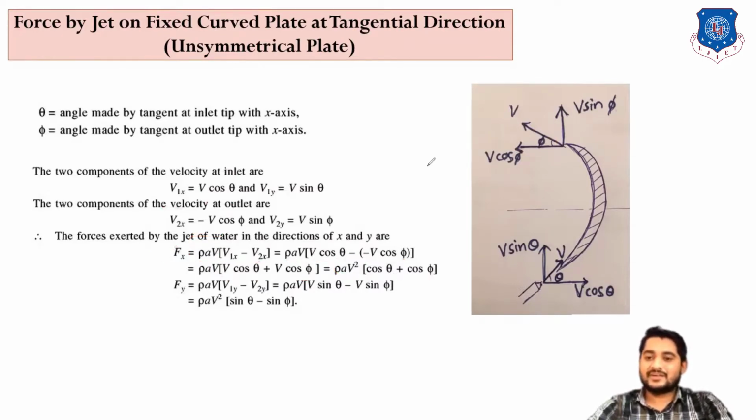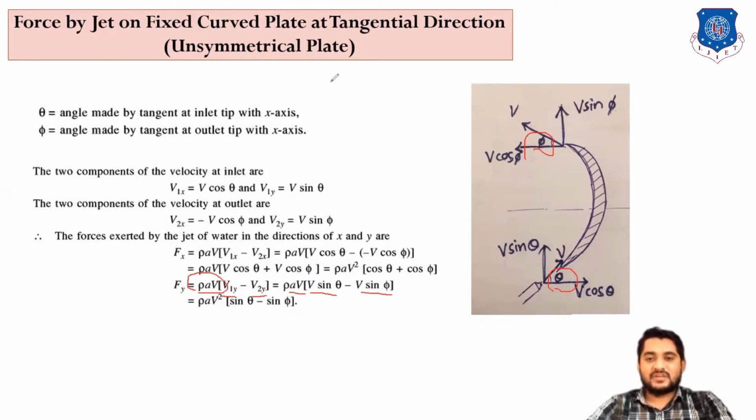Remember students, here the blade is unsymmetrical, so for the inlet side the angle is theta and for the outlet side the angle is phi. Let us take Fy: mass flow rate rho a v into v1y minus v2y, that means rho a v into v1y, which we have already found as v sin theta, minus v2y, v sin phi. Let us take v as common, so rho a v square into sin theta minus sin phi.